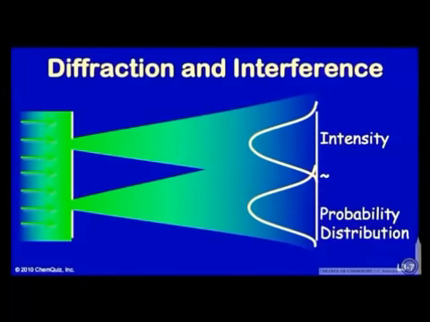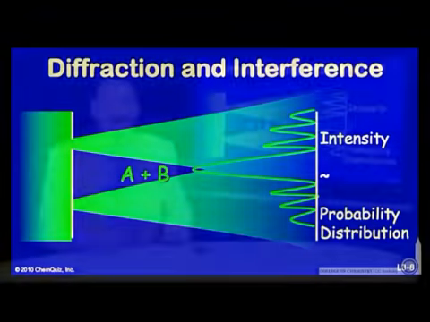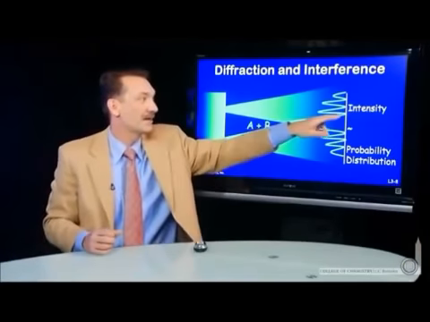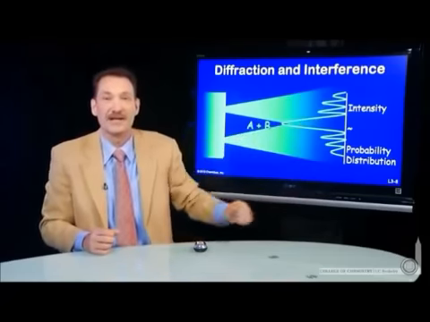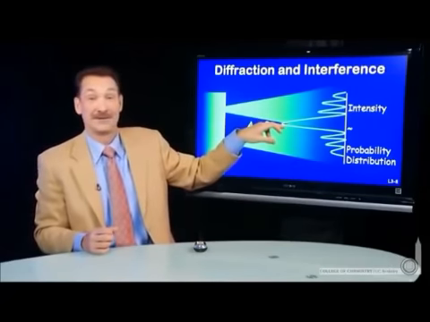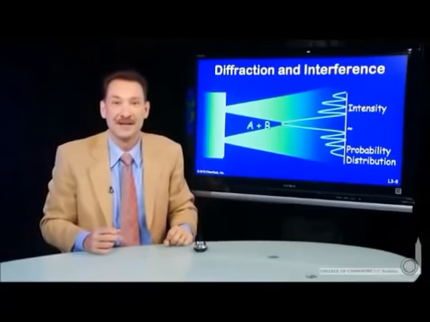Instead of two strong intensities across from slit A and slit B, what you actually see is a pattern of intensities, light and dark spots that aren't directly across from the slits. So you see bright spot, dark spot, bright spot, dark spot, alternating away from the center of the slits. The brightest spot is actually right between the slits.